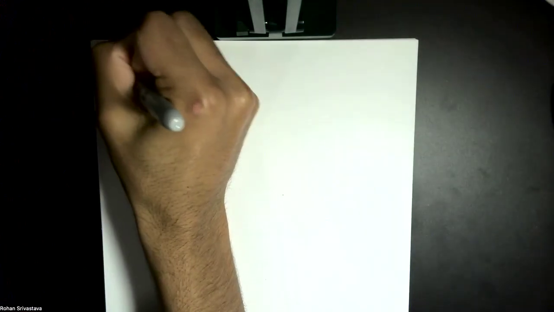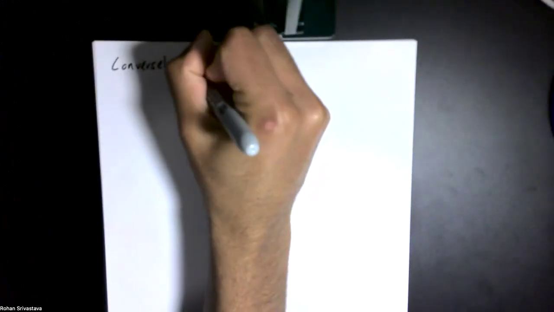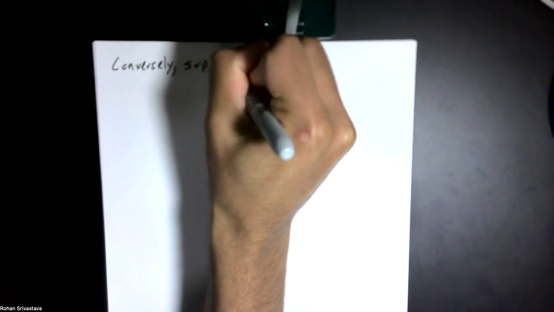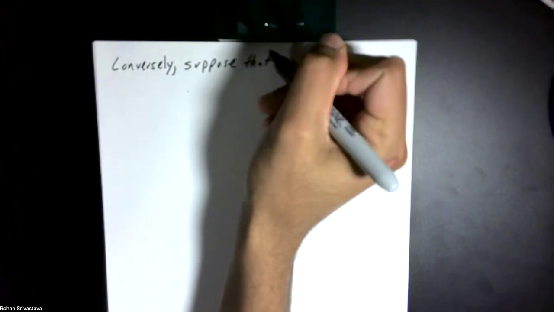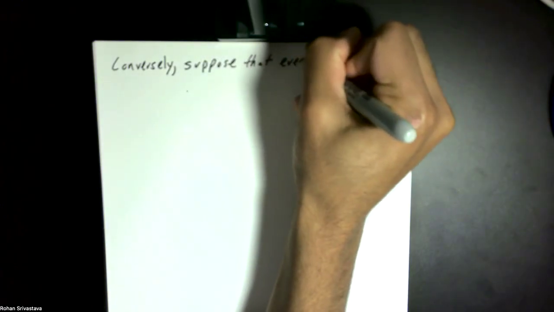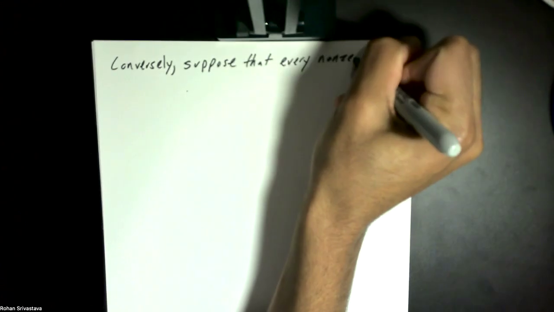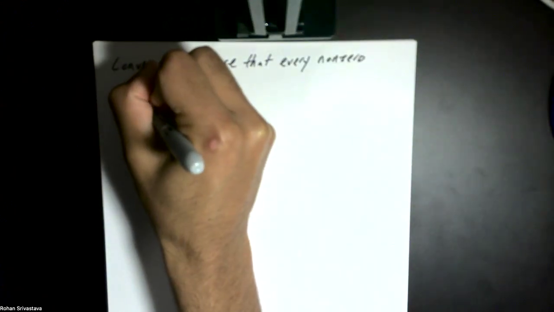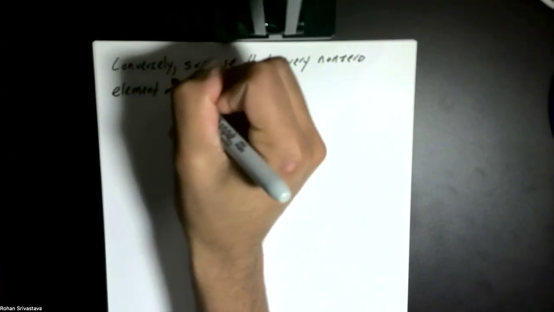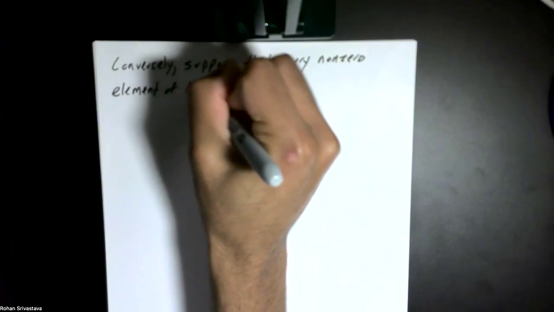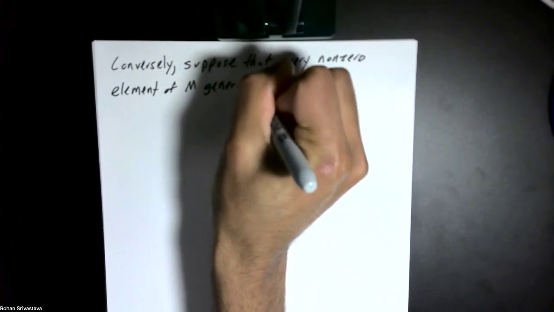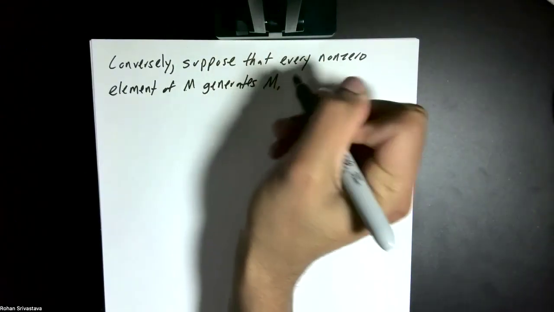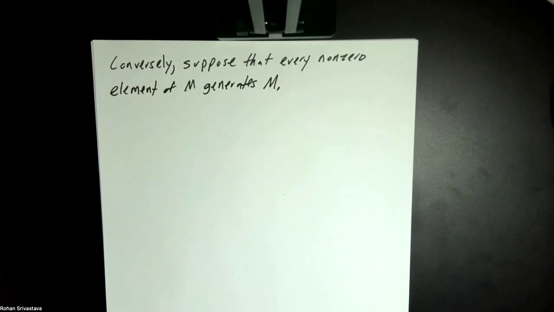So conversely, suppose that every non-zero element of M generates M, and we want to show that M is irreducible.